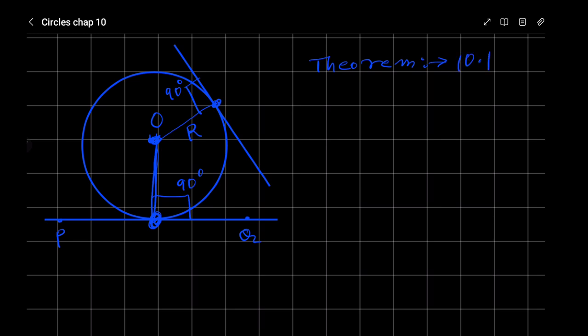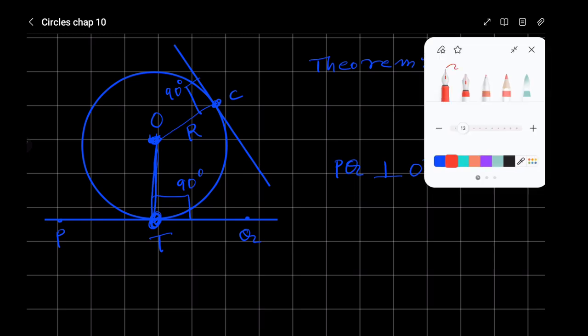That is a theorem which is very, very important. Let us also name it, for example, point T, and here maybe C. So here we are saying that line PQ is perpendicular to OT.